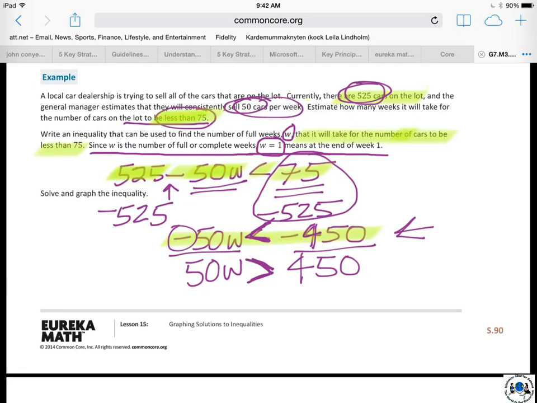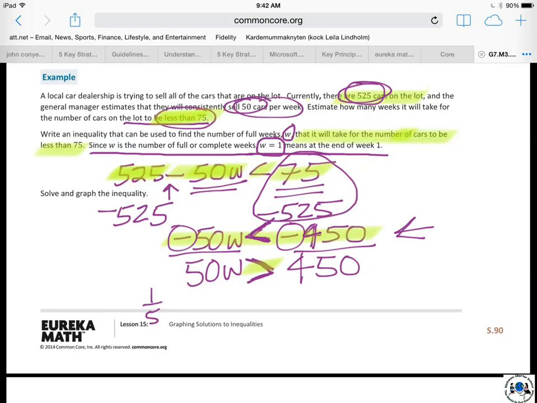Because we are multiplying by that negative on both sides, trying to get the negative 50W to be a positive W, we can just cut to the chase. As soon as you see you have the negative sign on both sides, you can simply flip the sign.